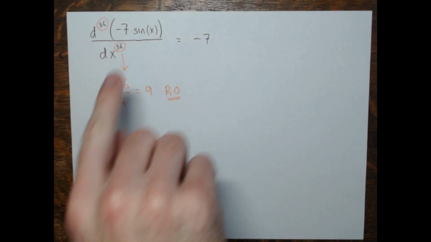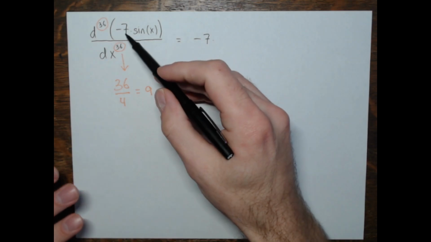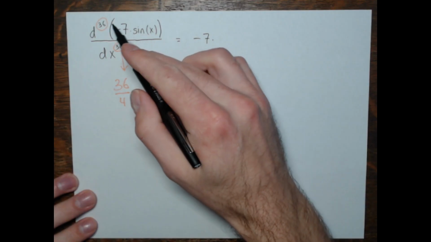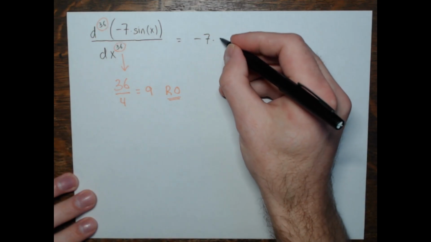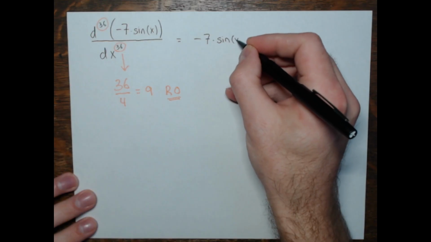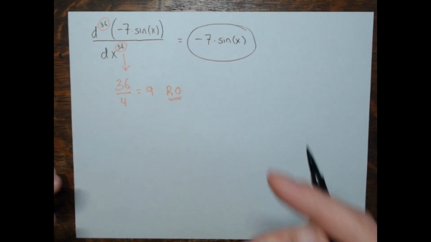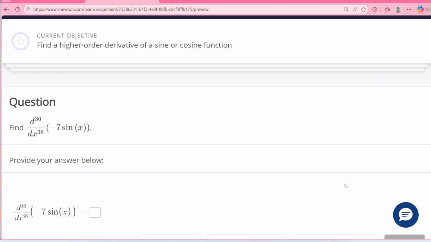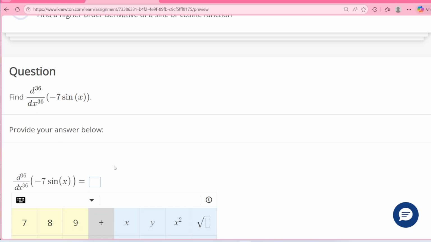So this will be the sine of x again. The coefficient stays -7 times, and the 36th derivative of the sine function would be the sine function again. So I just end up with -7 sine x.